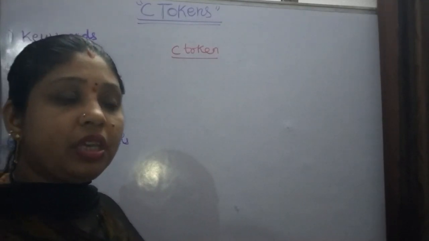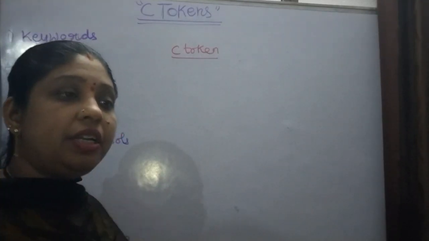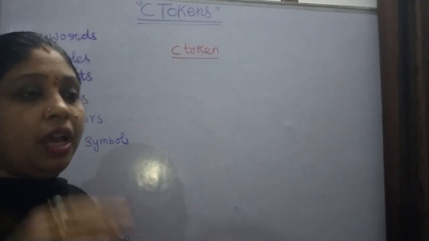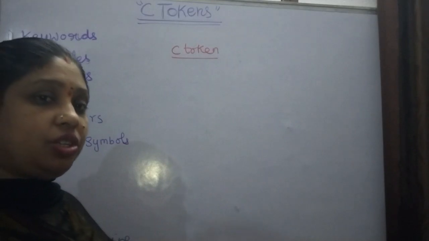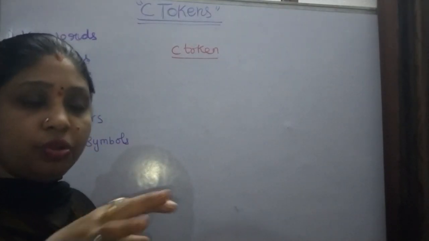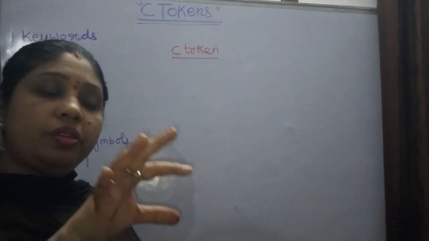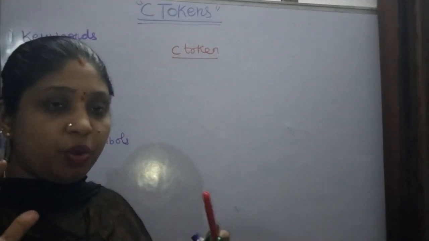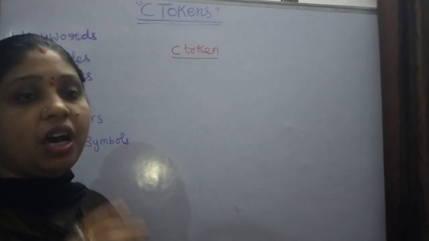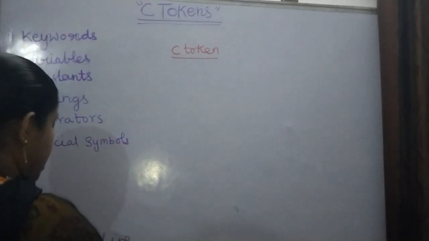All those things are already created by the C software or system software and kept as built-in functions or predefined words. So these terminologies, these words, these strings which you are using in the C language are nothing but the tokens.